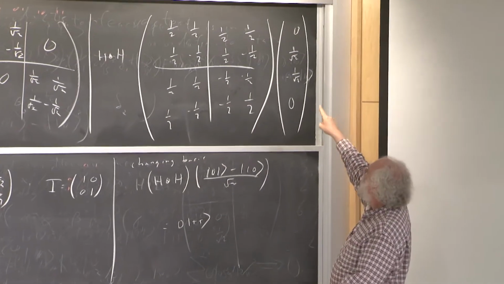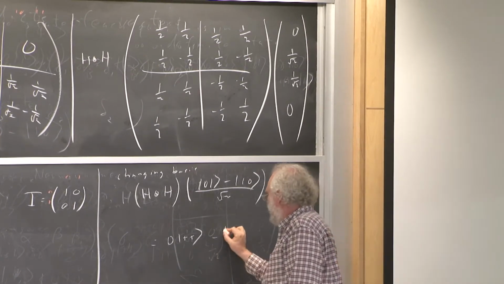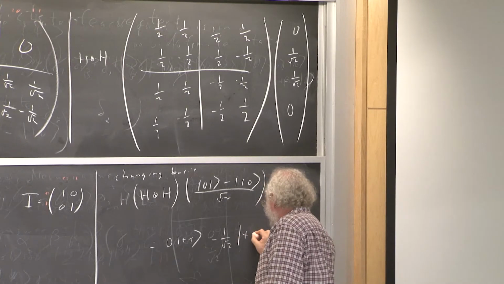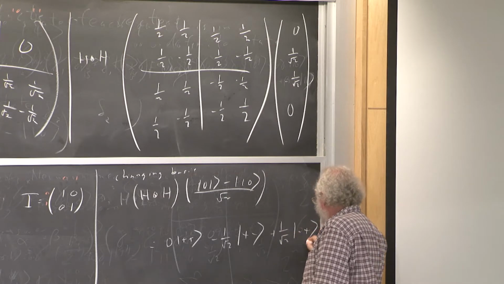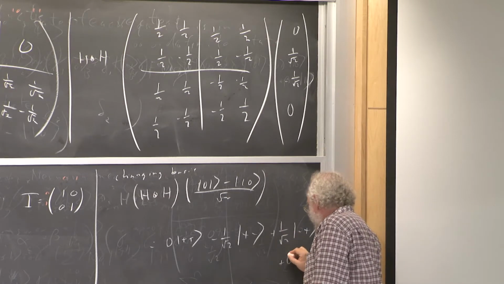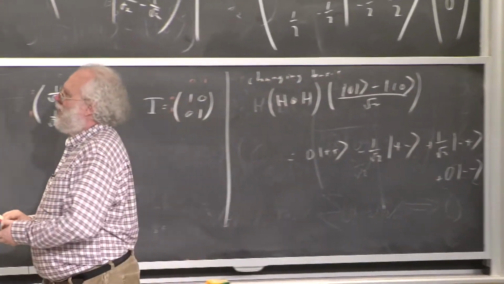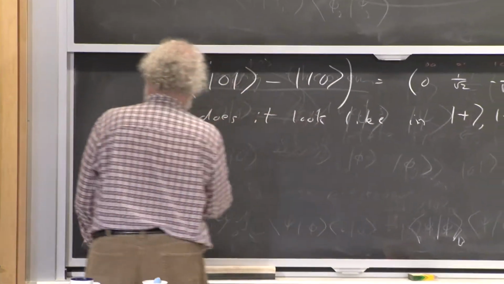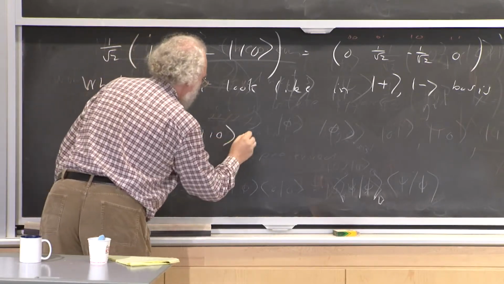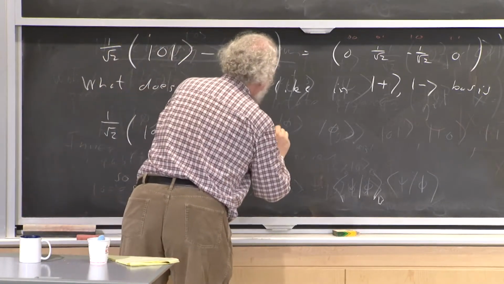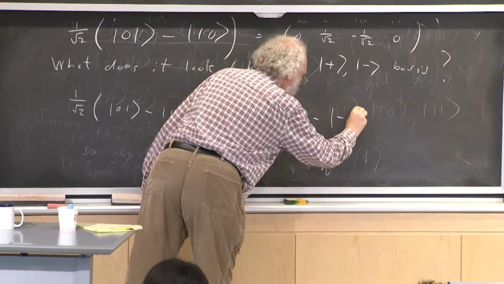The next row is minus 1 over root 2 times plus minus, plus 1 over root 2 minus plus, plus 0 minus minus. So that means 1 over root 2 (0,1 minus 1,0) is equal to minus 1 over root 2 (plus minus minus minus plus).